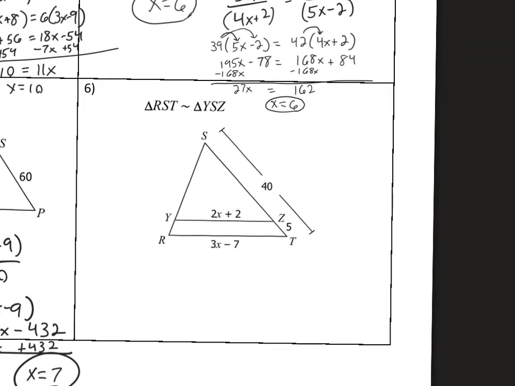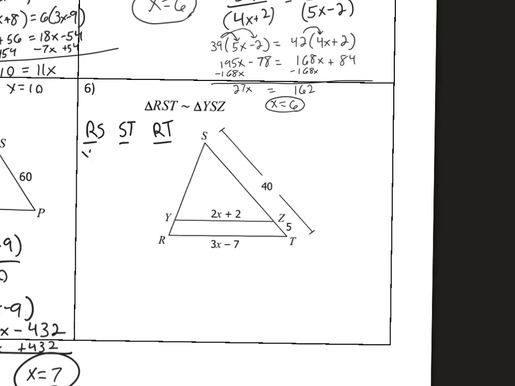Oh, these are tough to line up sometimes, but luckily we have a similarity statement, and we don't have to worry about lining these up by eye. We can line them up by the similarity statement. So RS, ST, and RT.